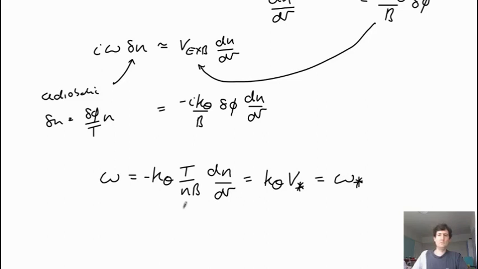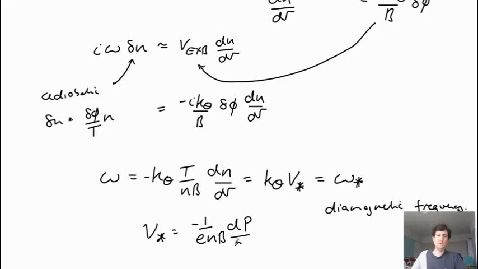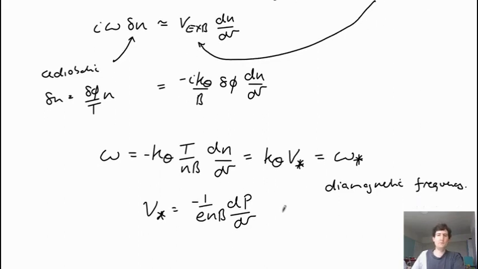So this is a frequency, sometimes called the diamagnetic frequency. These waves propagate at the speed v star, where v star is given by 1 over e n B times dp by dr. So effectively we just combine these temperatures together, move this inside to get a pressure, and this looks like a drift frequency.